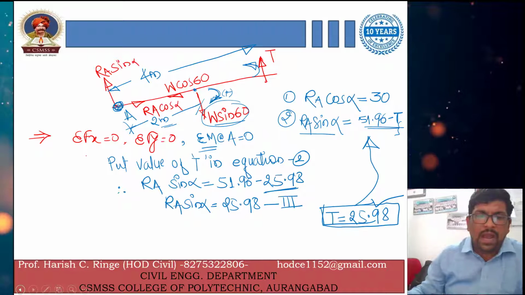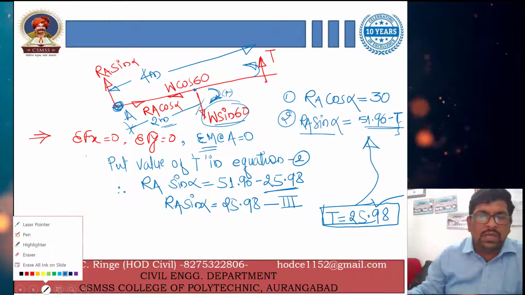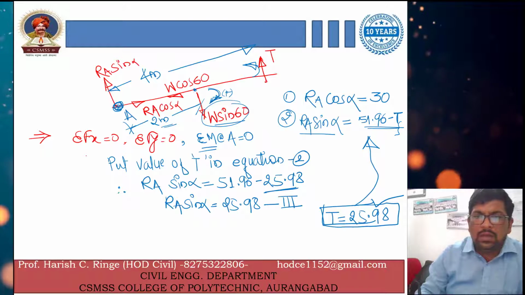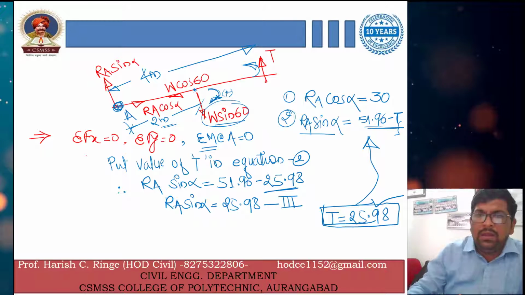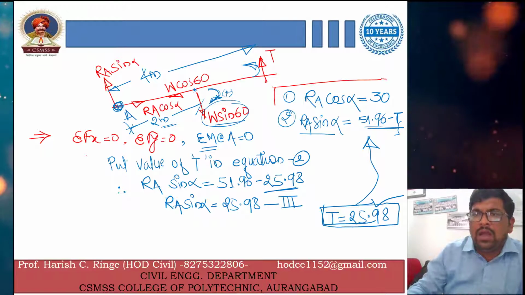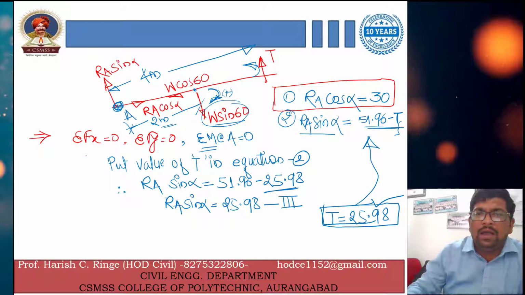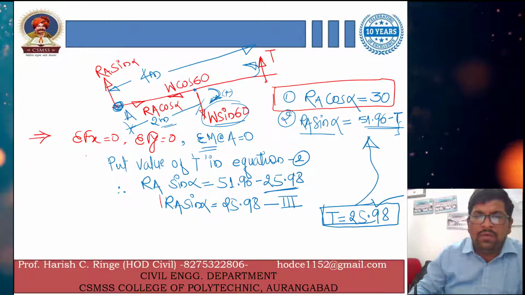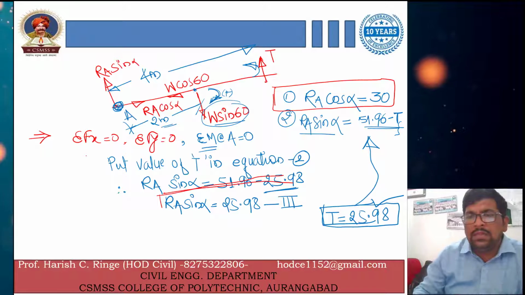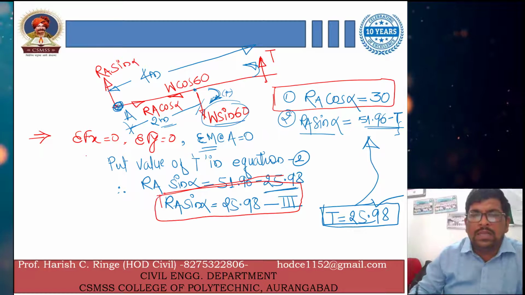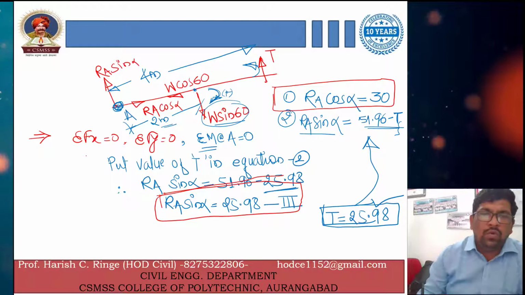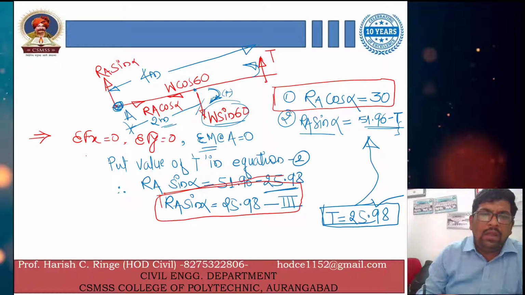So once we are having two equations, the one over here, which is Ra cos alpha, and the second one over here, that is Ra sin alpha, by using these two we are going to find out the value of alpha.